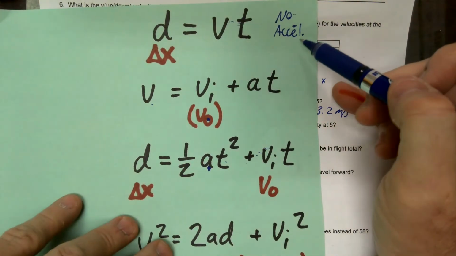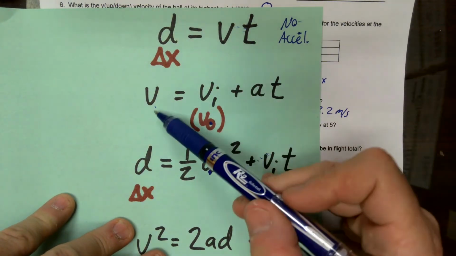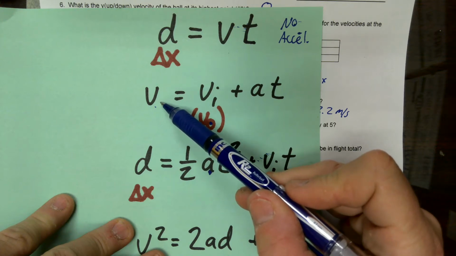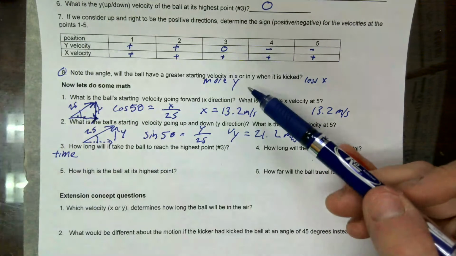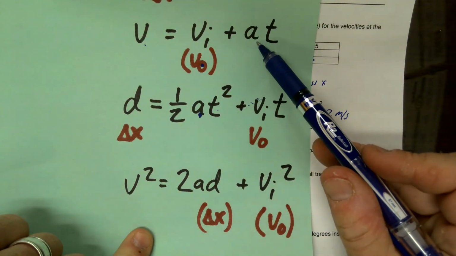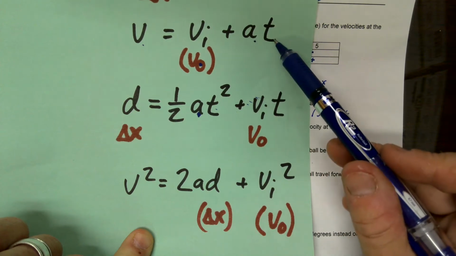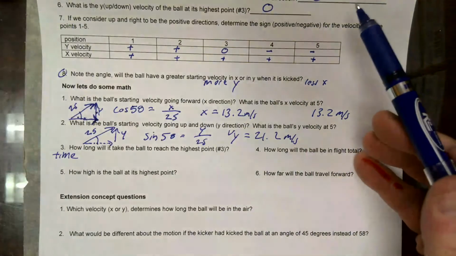Well, I can't use this one because this is that no acceleration one. That doesn't work in the y dimension. If my final y velocity is 0, I know my initial y velocity. I calculated that. It was 21.2. I know the acceleration because it's negative 9.81 because it's gravity. I would only have one unknown. So I can use this formula to solve for the time.